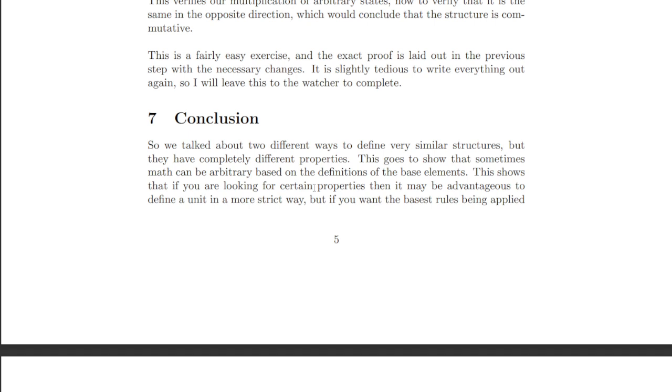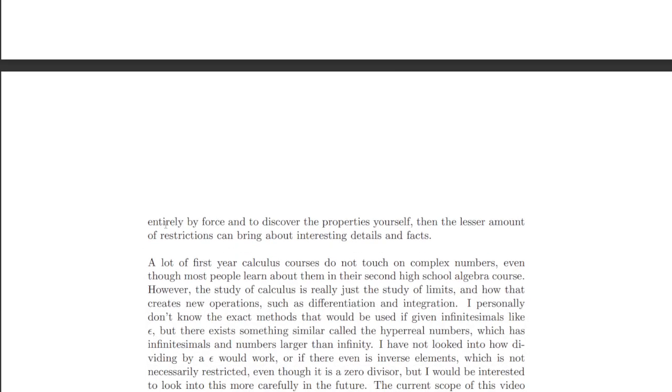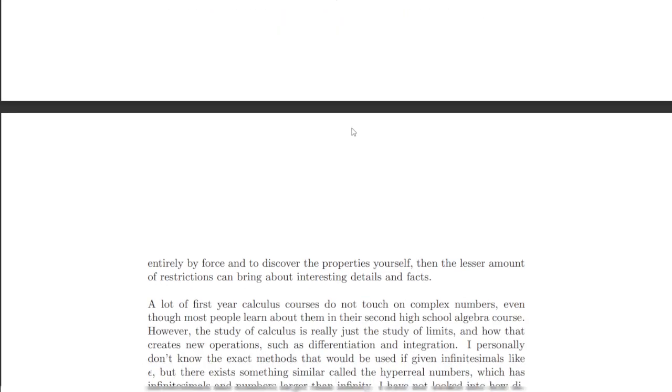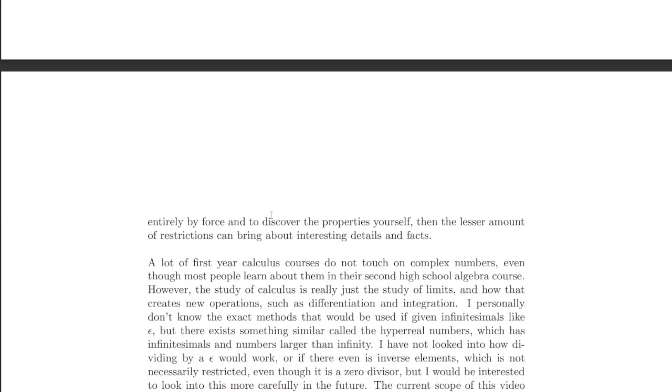But if you want the basest, most simplified rules in multiplication, then you will actually just force yourself to discover the new properties, right? Because if you're restricting it to have certain properties, it's going to be much more difficult to figure out what the structure should look like. Maybe. I don't know. But for actually discovering the properties yourself, that just sounds like a fun exercise if I were you.